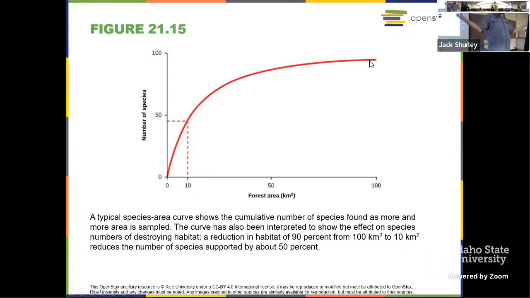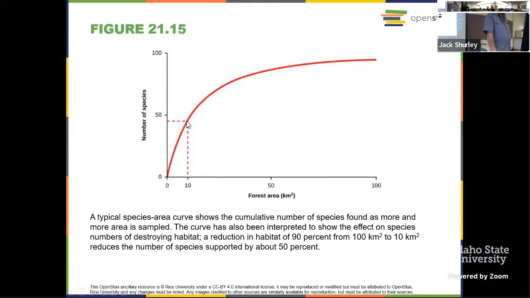And with habitat destruction and habitat loss, which is really what we're looking at here, as we reduce the amount of area that's available, there is a dramatic reduction in the amount of species that can persist, all right? Chopping it in about half.